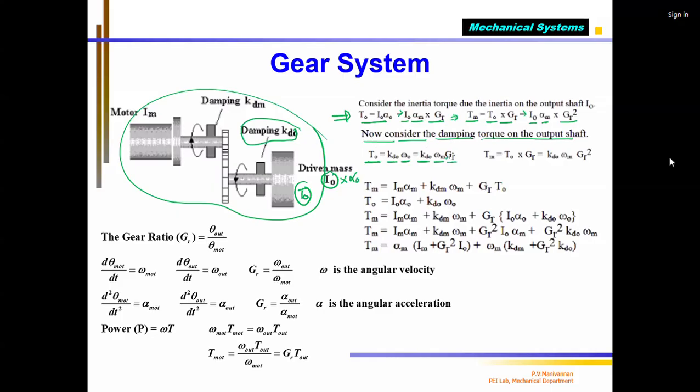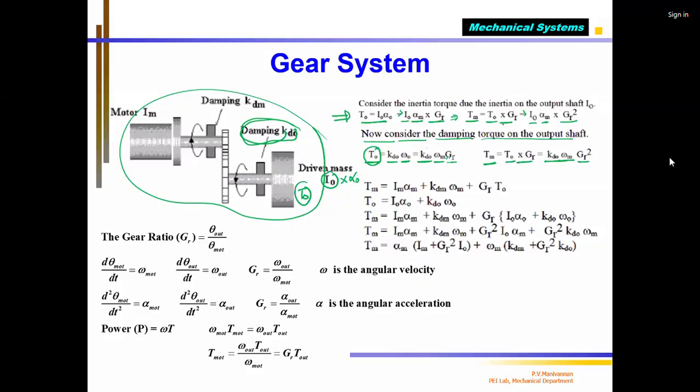So gear ratio times motor speed multiplied by damping, correct? KD naught is the output shaft damping, bearing friction. Similarly, I can write Tm, the motor torque, equal to the output torque available at the load multiplied by GR, which can be written as KD naught into omega m into GR square.